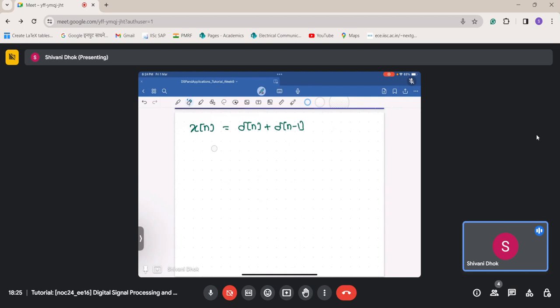To understand this, we will consider delta n minus n naught and find its z transform. That is summation n running from minus infinity to infinity of delta n minus n naught times z to the power minus n.